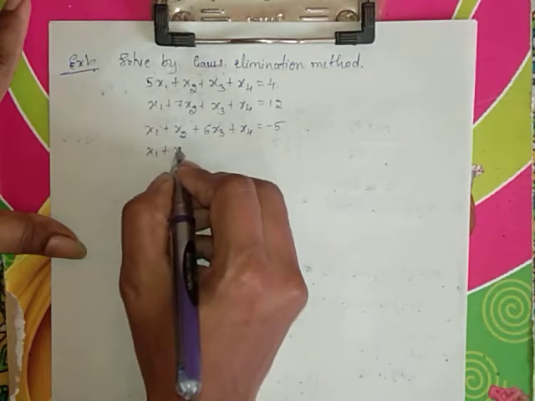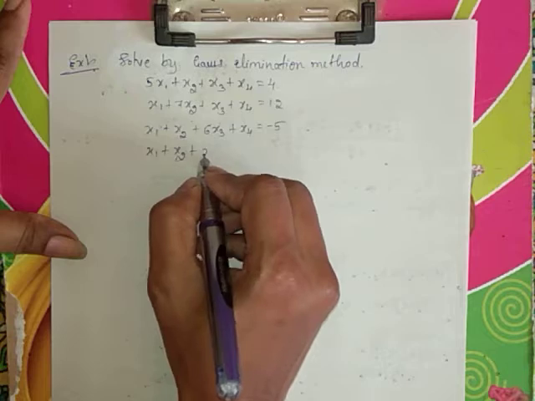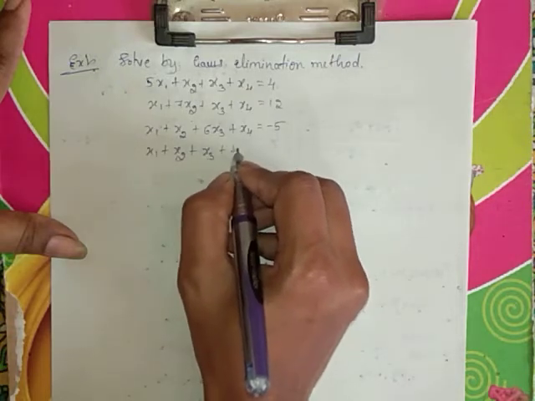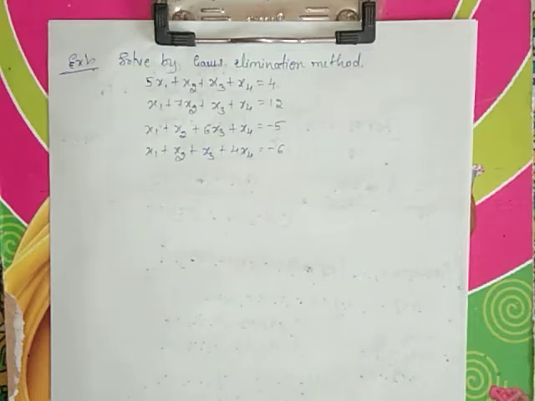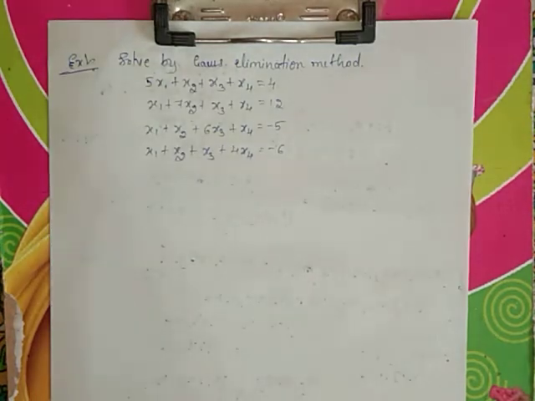Next, x1 plus x2 plus x3 plus 4x4 equal to minus 6. So solve this system of equations by the Gauss elimination method.